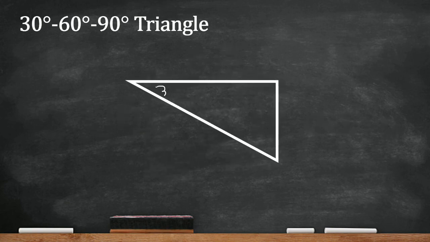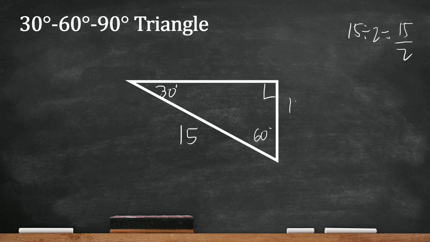Again, we have 30, 60, 90 triangle, and the hypotenuse is, say, 15. So what we are going to do is to divide 15 by 2, and 15 divided by 2 is just the same as 15 over 2. So that would be the side opposite 30 degrees. So this is 15 over 2. Now just copy 15 over 2 and then just multiply by square root of 3.